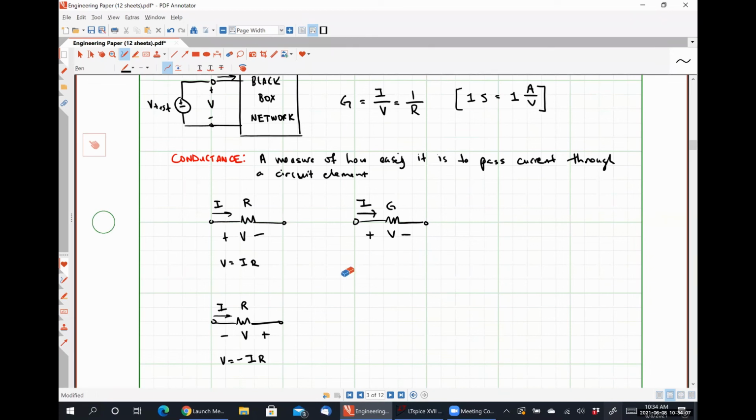Actually, let me do it the other way. I is equal to V times G for a conductance in which current is flowing into the negative polarity terminal. Current is equal to negative V times G.